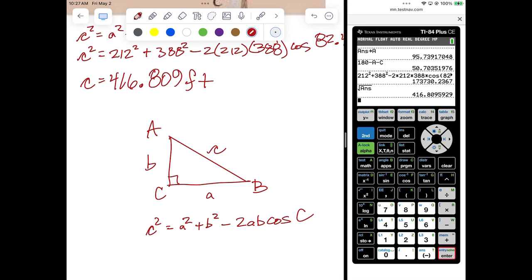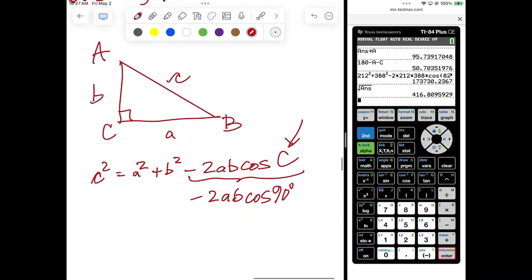Now the Pythagorean theorem, as you remember it, is just the first part, right? c squared equals a squared plus b squared. So how are we going to get rid of this whole extra part right here? Well, because of that. What is the angle measure at C? 90 degrees. And what is cosine of 90 degrees? It's 0, right? It's the same as cosine of pi halves. Cosine of 90 degrees is 0.